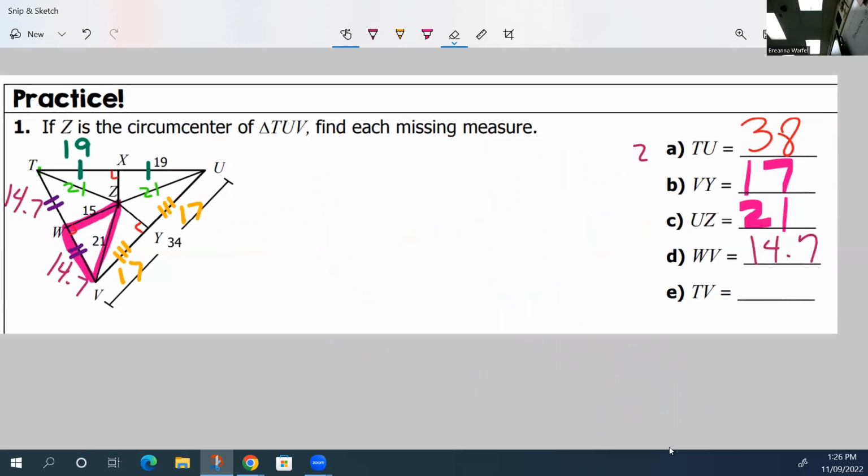All right, and now last but certainly not least, T to V. T to V is going to be this whole side, so 14.7 plus 14.7 is 29.4. So that is how you use all of the properties at the top to solve for your missing pieces.